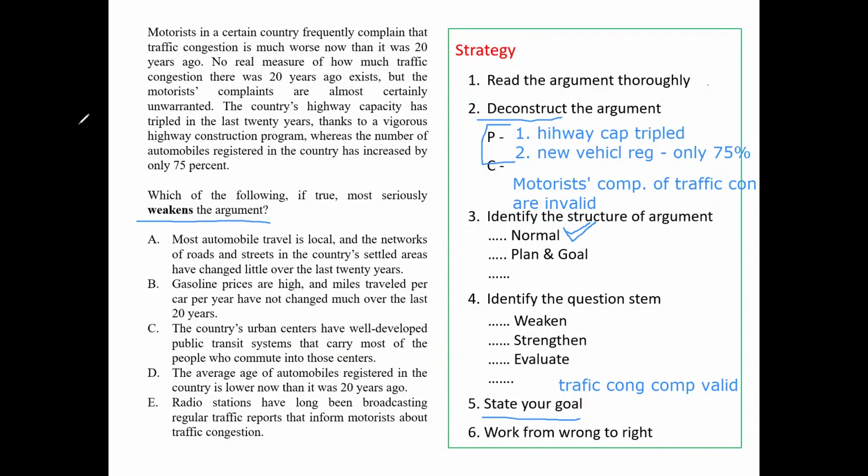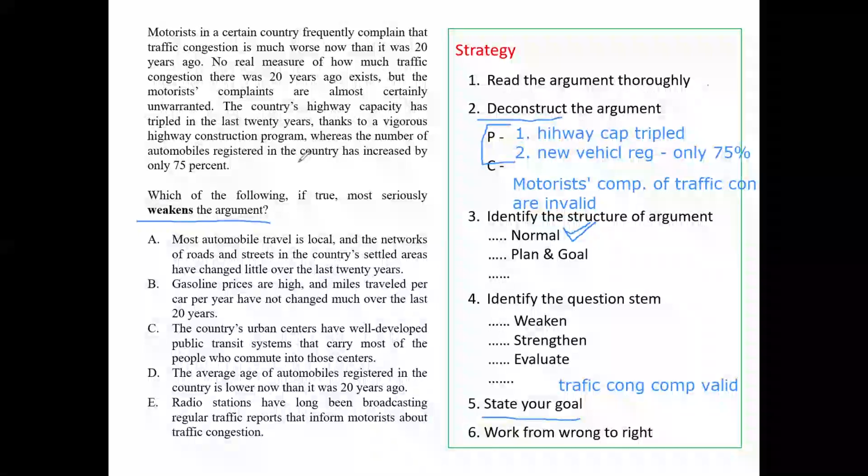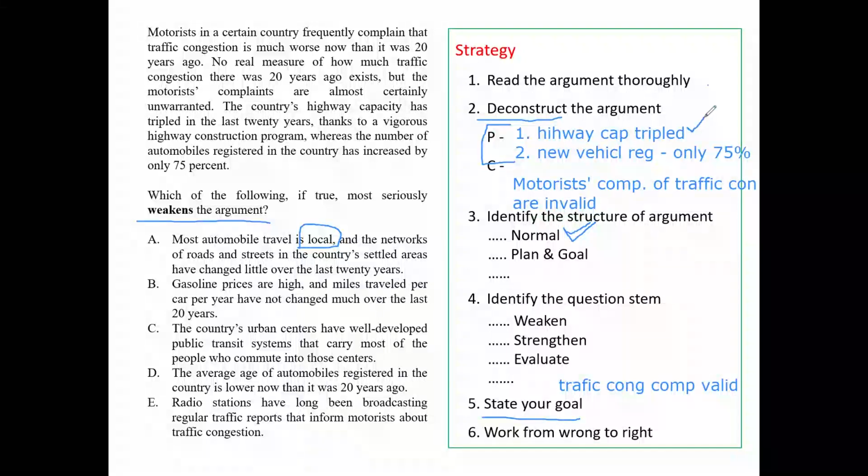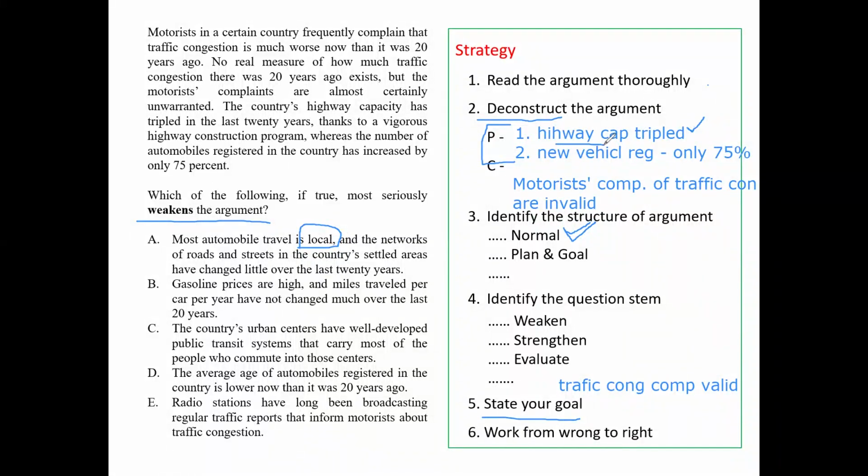A. Why is that? Because it says that the network of the roads and streets has changed very little. So the proof that they're giving that it's tripled is probably incorrect. Most of the automobile travel is local, but what kind of improvements have you brought in terms of highways?